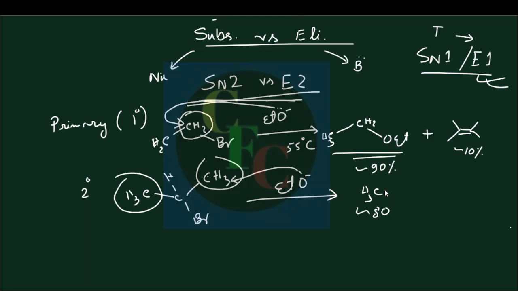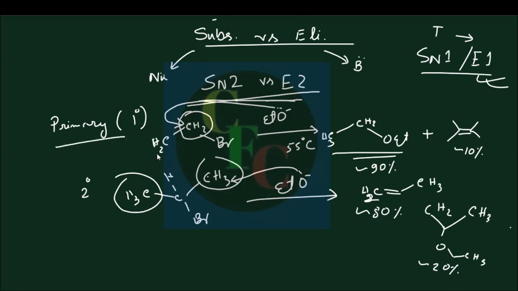Nearly 80% of this kind of product is obtained, and the rest 20% is something like this, the substitution product. So you get this nearly 20%. This is only due to steric hindrance.